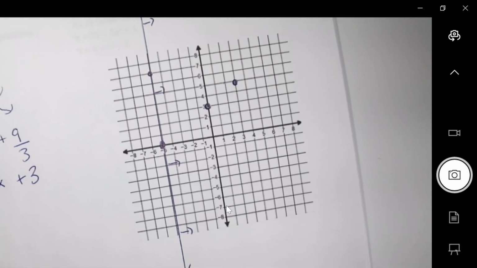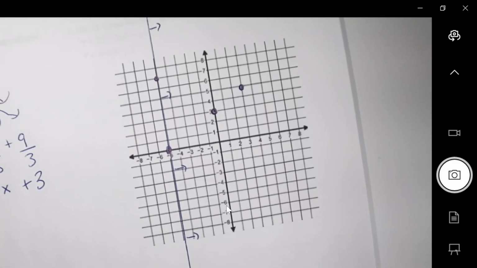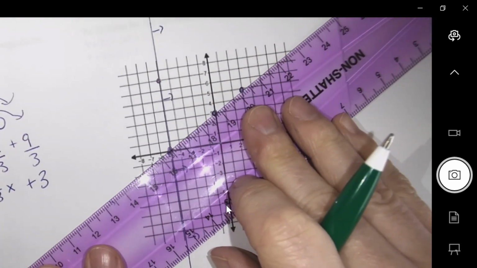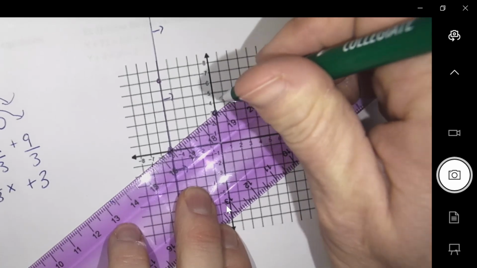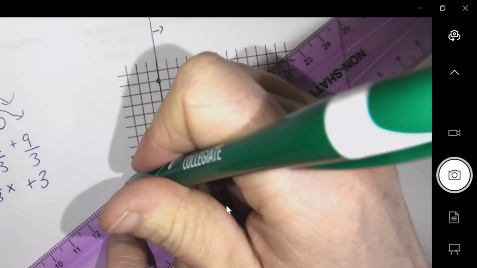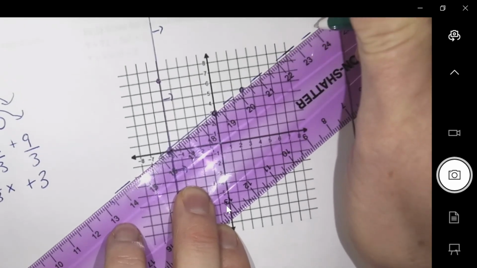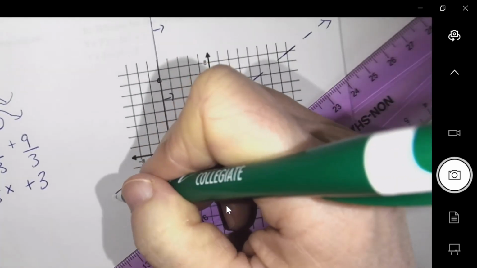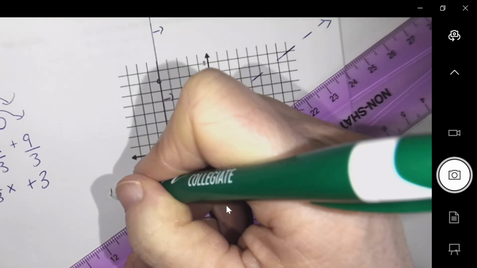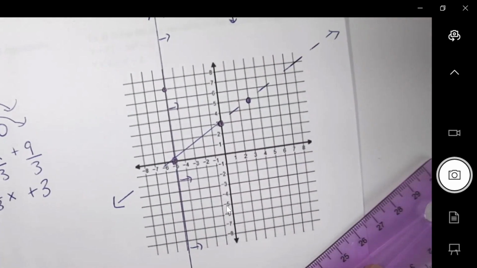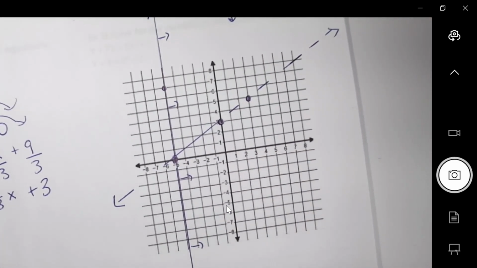And we talked about this already. We said we were going to draw a dashed line through those. There's my dashed line.